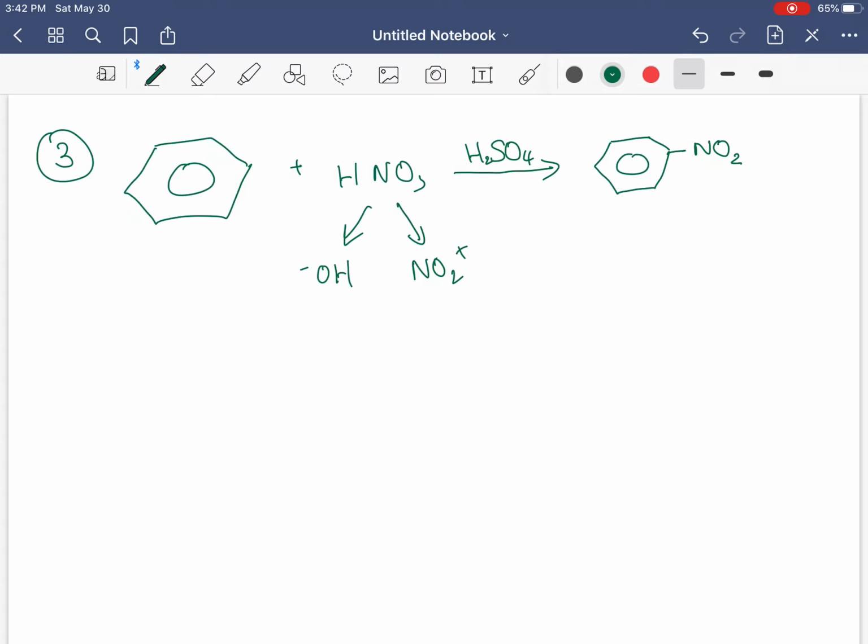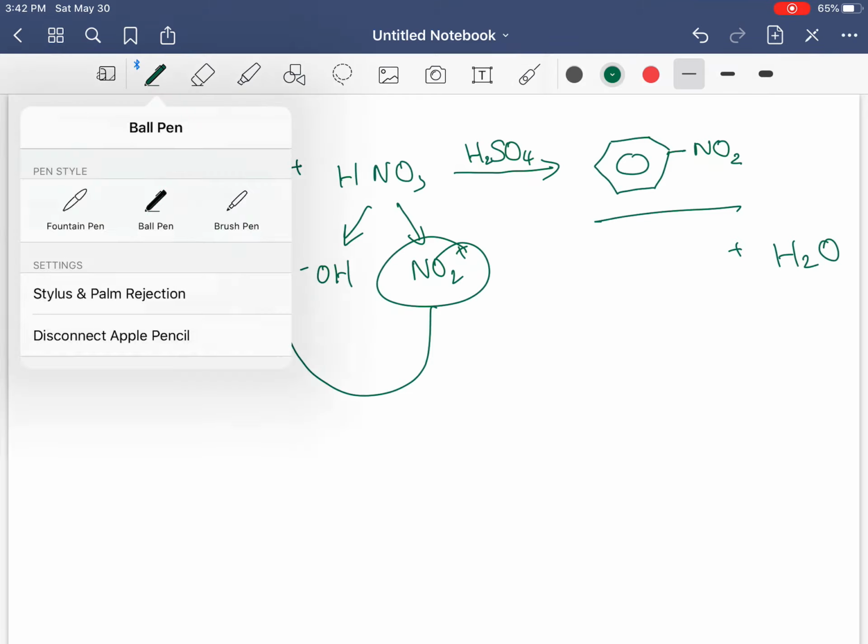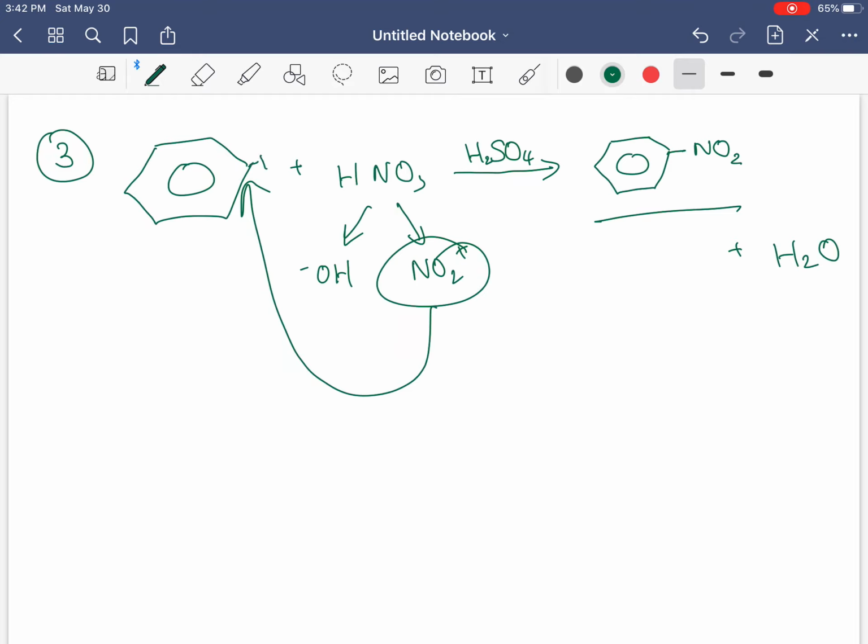All right, so the NO2 plus will come attack one of the hydrogens, doesn't matter which hydrogen, to give you a nitrobenzene plus water. Because the OH is going to take the H. Just draw the H right here so that you kind of know. So H2O comes over here and NO2 goes over there. Just like what I just showed you.